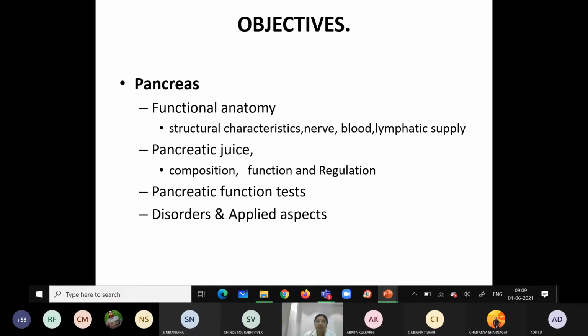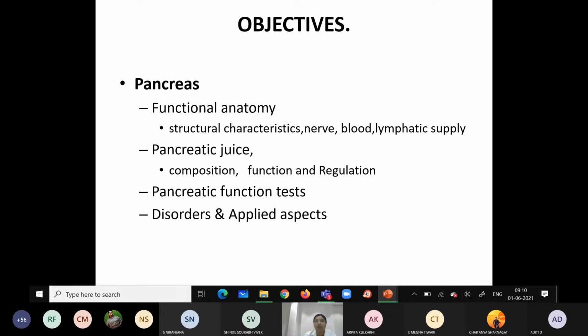As physiologists we concentrate more on pancreatic juice because the role it plays is going to decide the disorders it causes in a human being, right? So we'll study the composition of pancreatic juice, its functions, and how it is regulated physiologically. Once you understand this thoroughly, you can easily understand the disorders or applied aspect of the pancreatic gland.